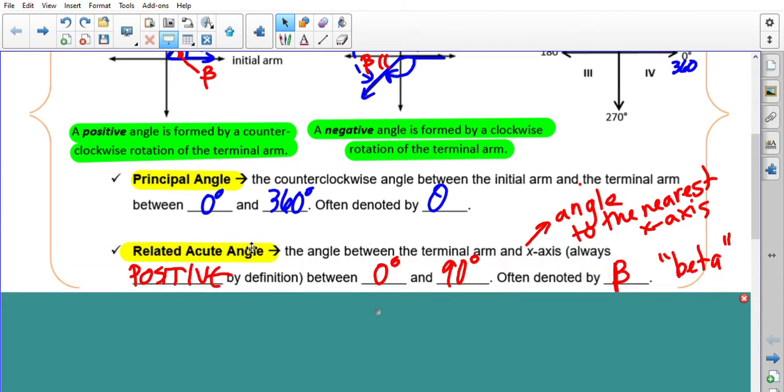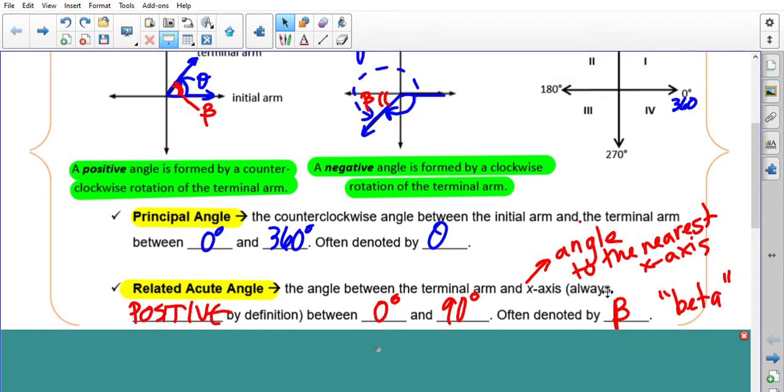The related acute angle, sometimes referred to as the reference angle, is the angle between the terminal arm and the x-axis. And notice how here I've added in, it's the nearest x-axis. So that's why in this case here, this angle's blue arm creates a related acute angle that's equivalent to its actual principal angle here.